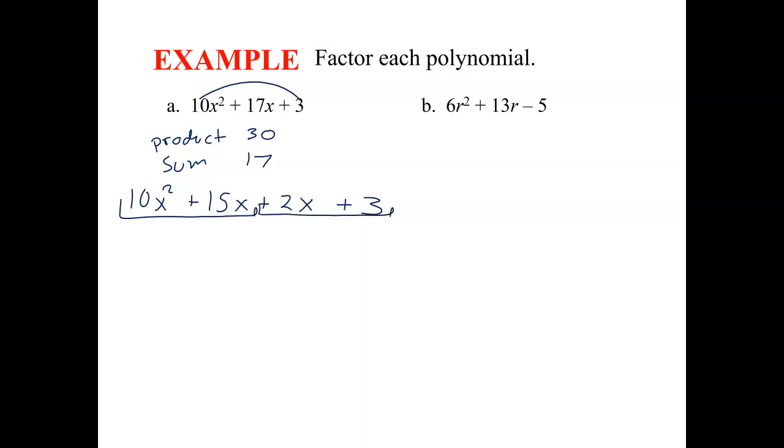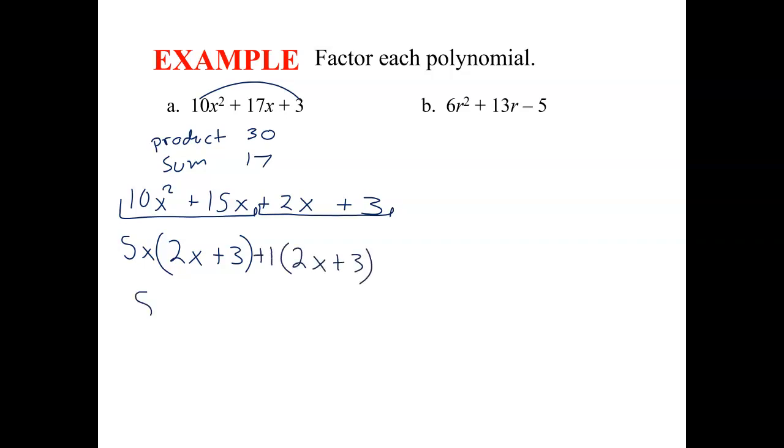GCF for my first two terms. Okay? Now I already have 2x plus 3 over here, so what do I factor out so that it doesn't change? 1.